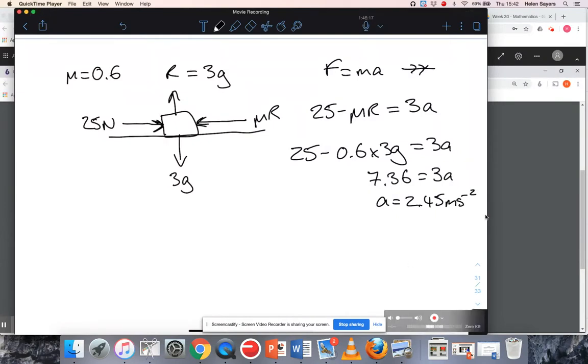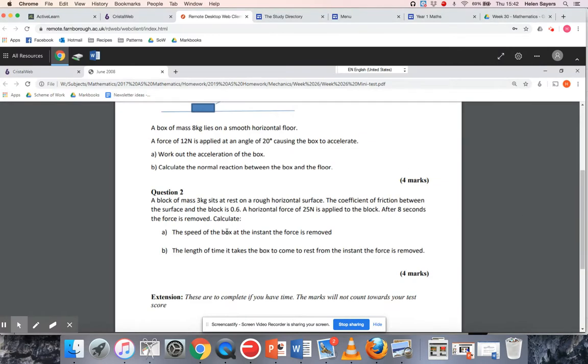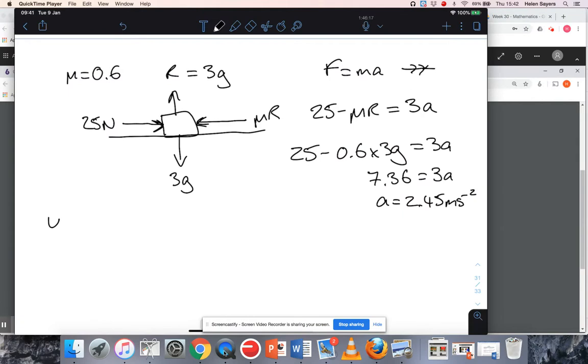Okay, so what the question actually wants: the speed of the box when the force is removed. I'm told that it starts at rest, so the initial velocity was 0. I'm told that this force is applied for 8 seconds, and I've just worked out the acceleration, so I've got 3 bits of information: u is 0, t is 8, and the acceleration.